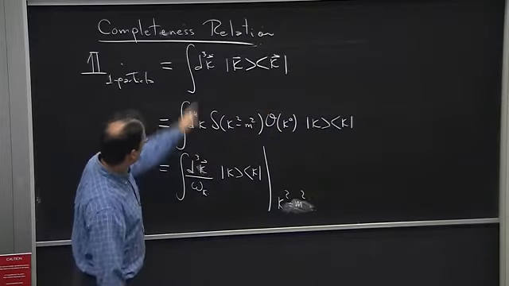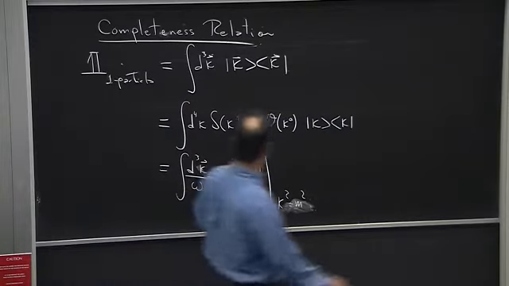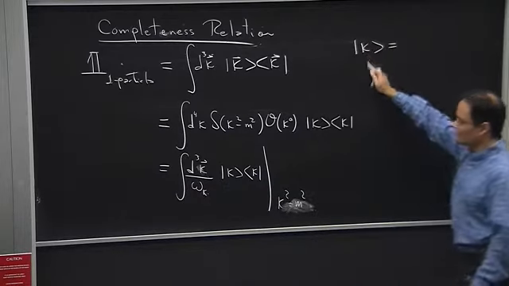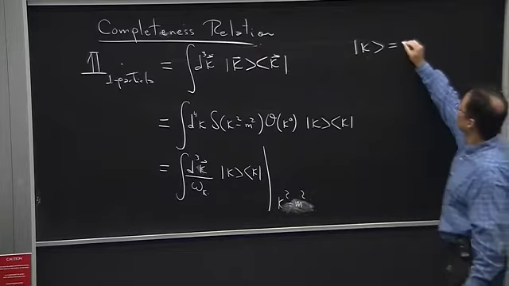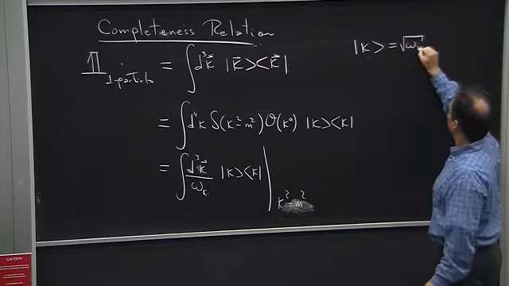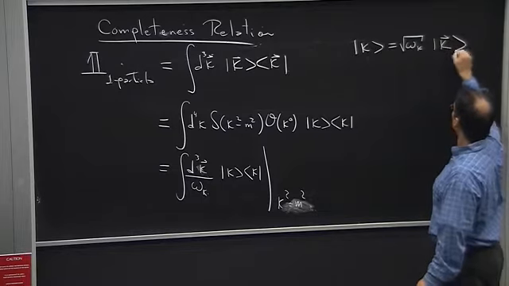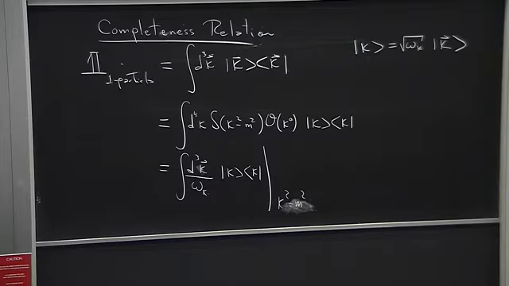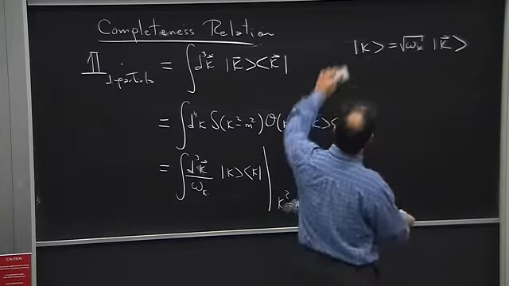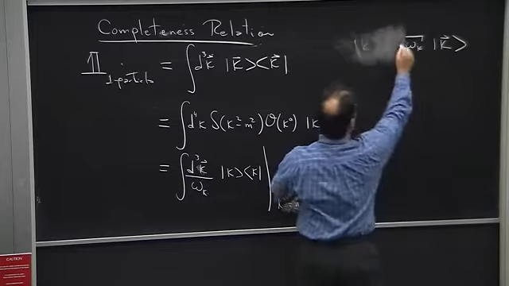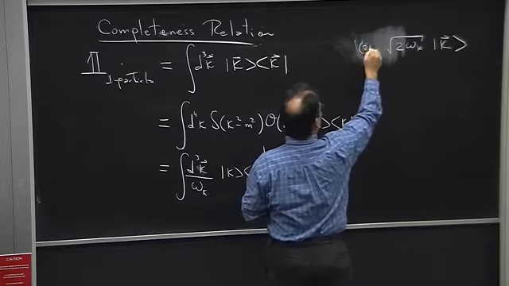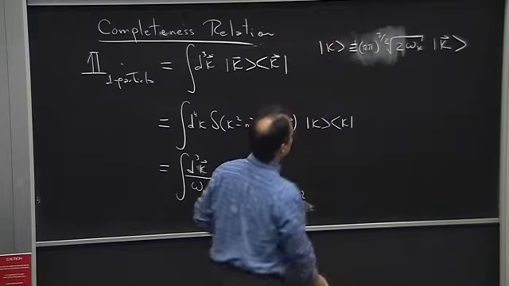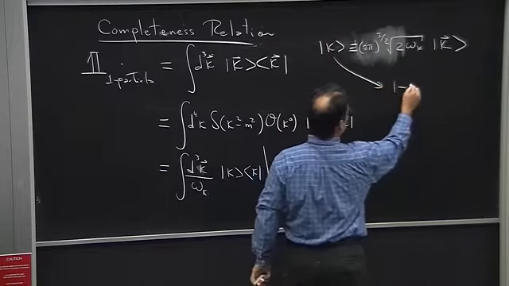Okay? But now if we want these 2 formulas to look the same, we have to redefine, or the connection would be that the relativistic states, which are nicely normalized, would be square root of omega k times the old states that we had before. Actually, there is a convention for the normalization, which I should do. There is a factor of 2, and there is a 2 pi to the 3/2. Okay? And these are the one particle states that we had.